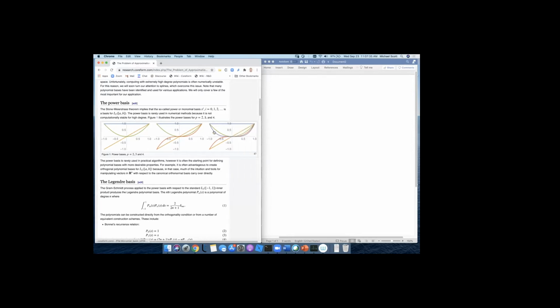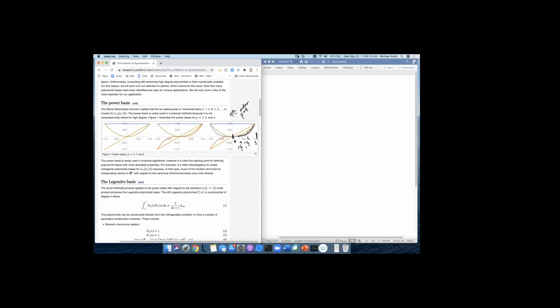That instability can be seen visually if you look at these 4th order polynomials. So P is equal to 4, and you can already see the trend. This purple one is the 4th order polynomial, and it's becoming more and more difficult to distinguish between x cubed and x to the 4th, in particular on the domain 0 to 1.